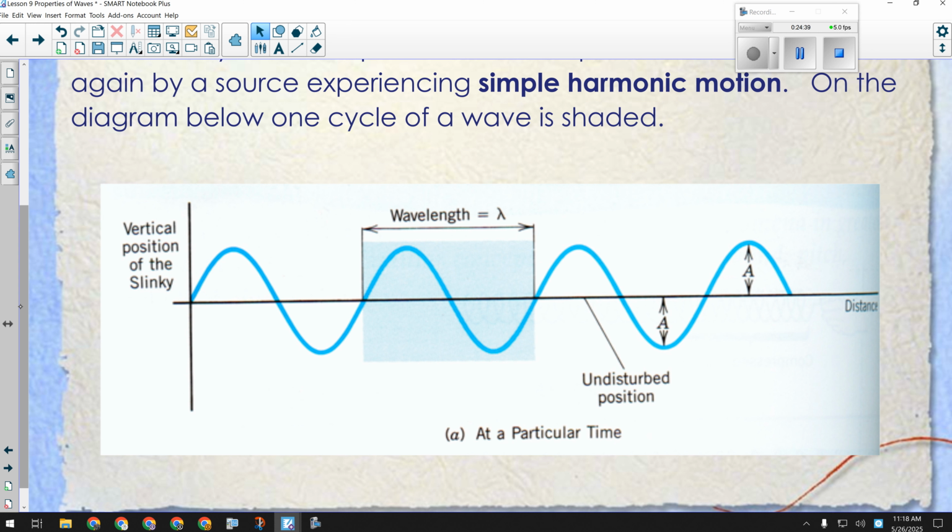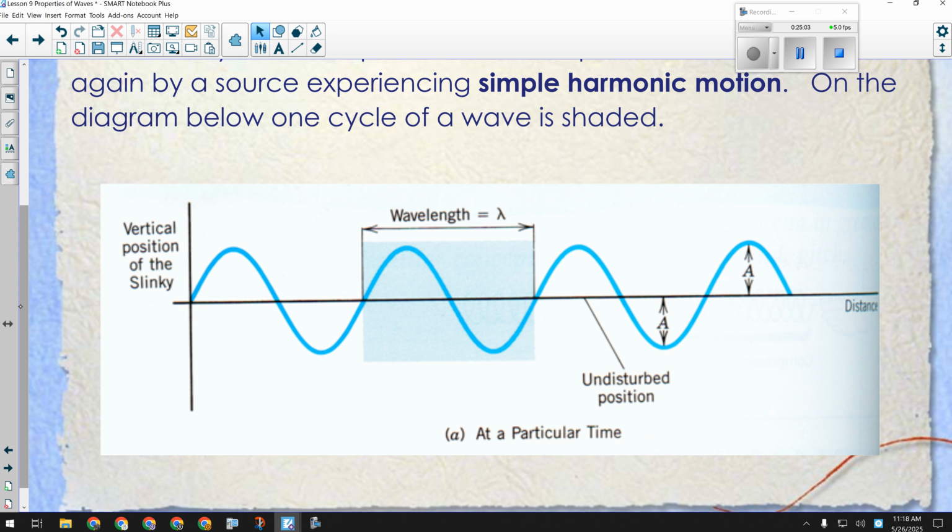All right, now a super important thing that we need to know about all waves. Once a wave is produced, its speed can change, its wavelength can change, its amplitude can change, but its frequency will never change.